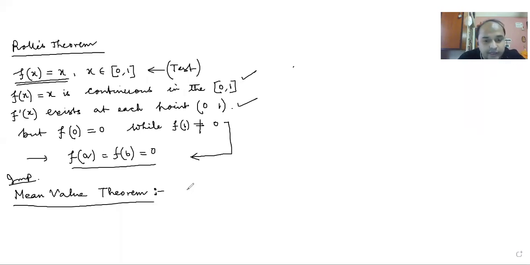So the mean value theorem goes like this.